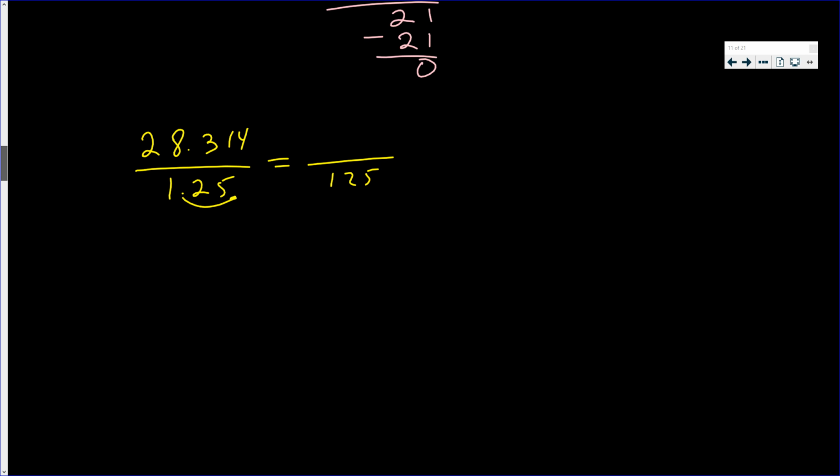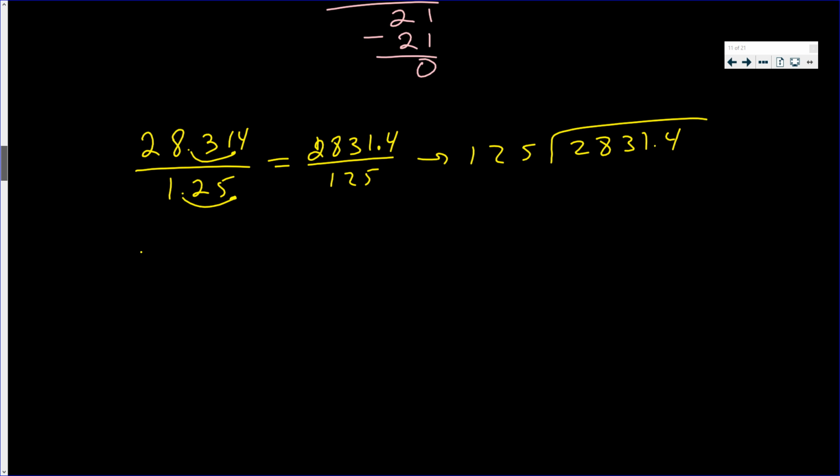You get 125. Move the decimal 2 places to the right, and you get this. And then do your long division.